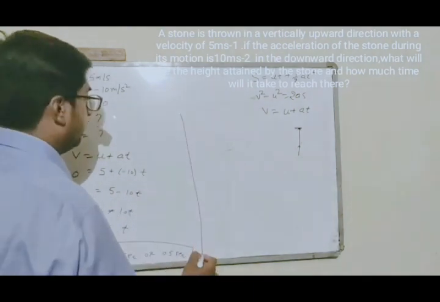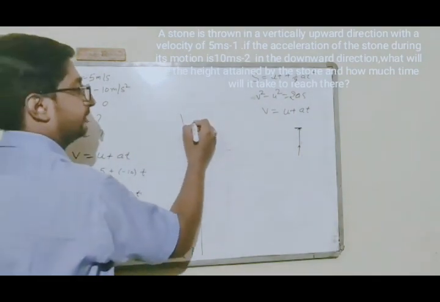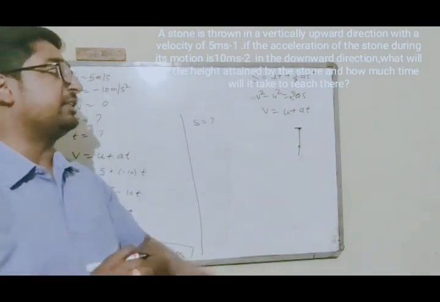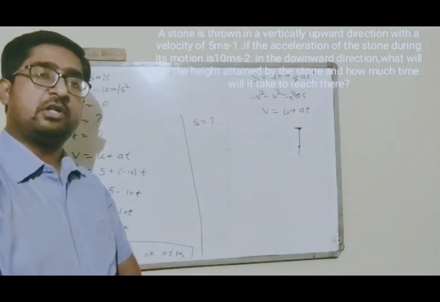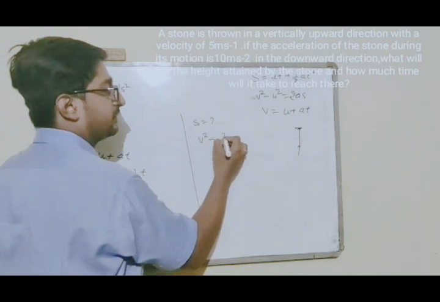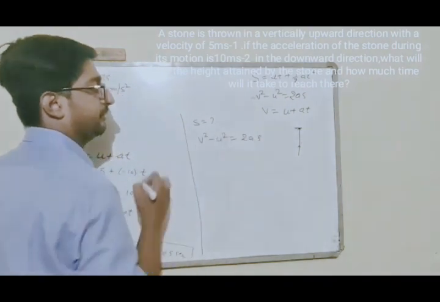Now second part, we have to find out S. For finding out S, we can use the position velocity relation. According to this relation, V square minus U square is equal to 2AS.